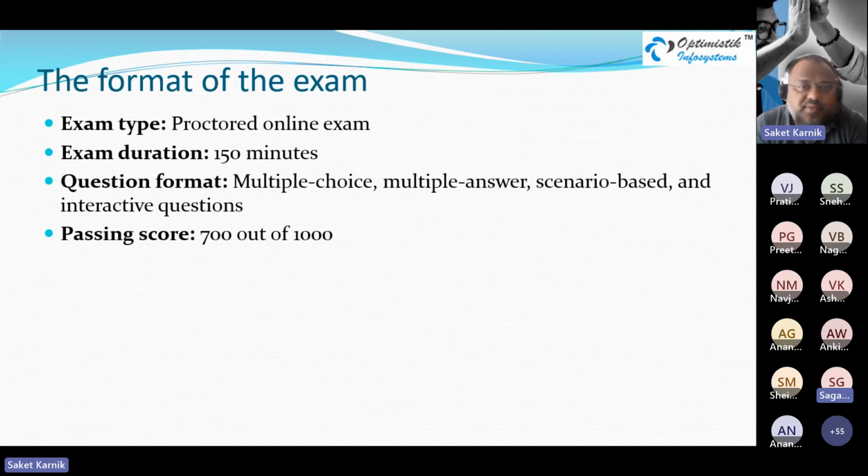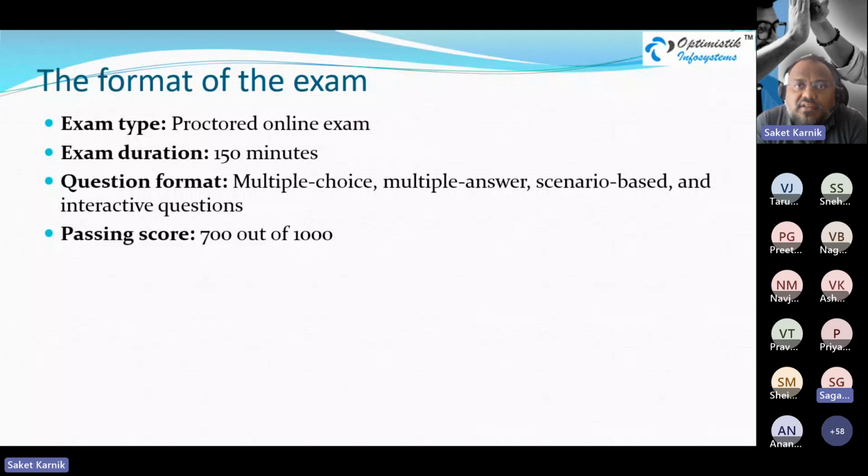Questions will always be scenario based. So you will be given a kind of case study, some situation based on which there will be a question, and based on which there will be some options which you have to select. There will be a set of interactive questions also.